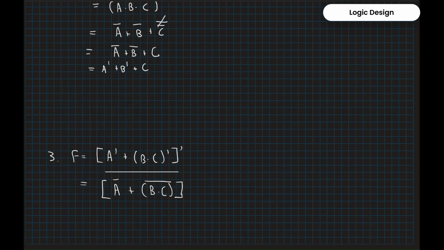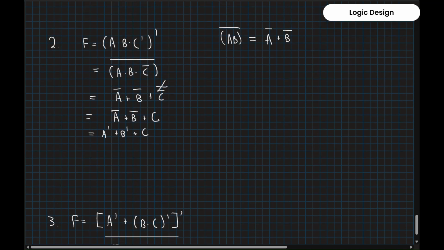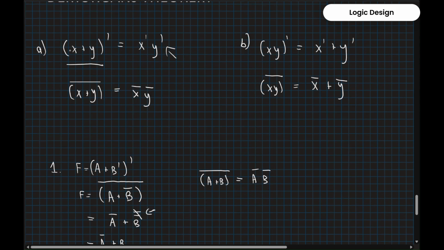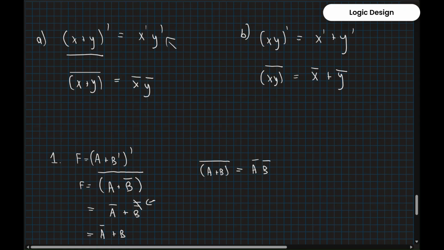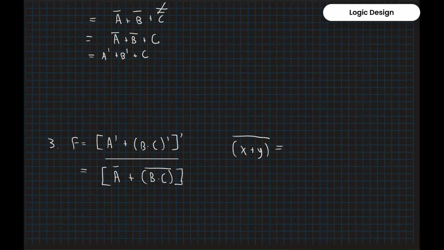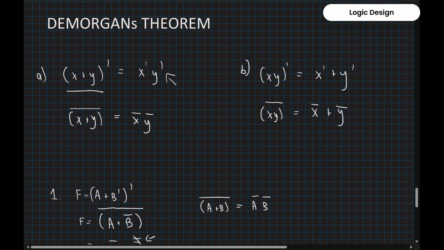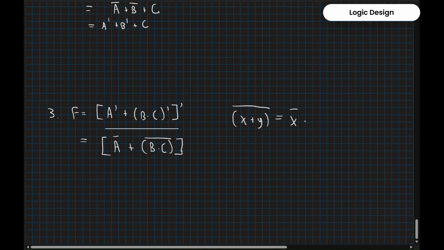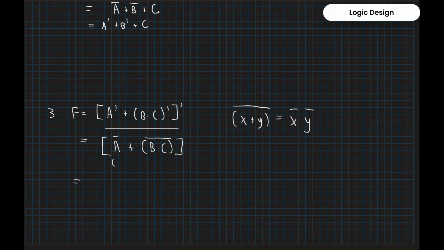Okay, so which one will we use? We know De Morgan's first part is kind of shaped like this, so we're going to use that one. What is that theorem? x plus y, barred, equals x bar y bar. So this would be like the x, and this expression right here would be the y.